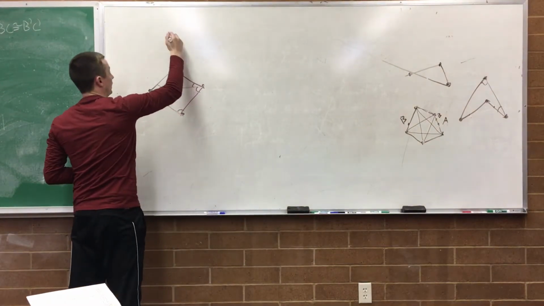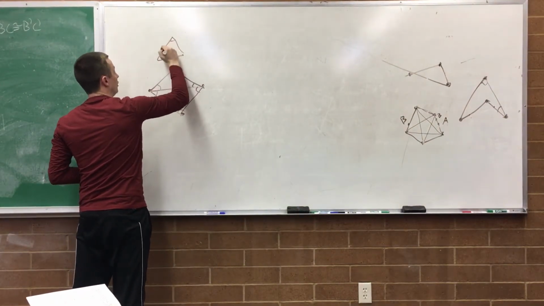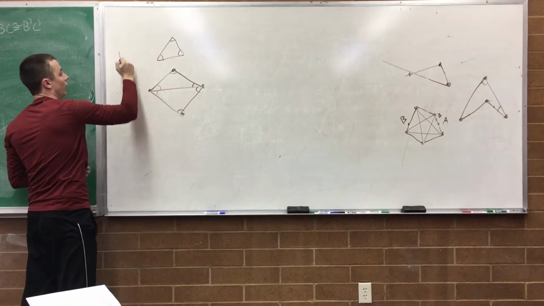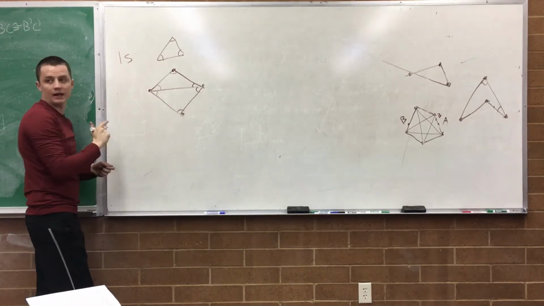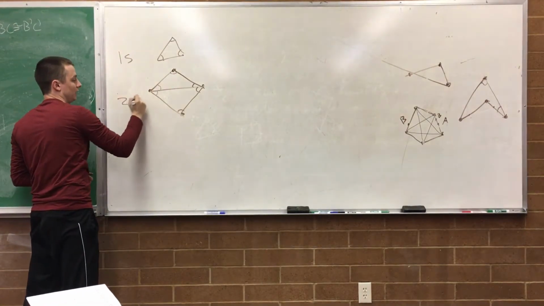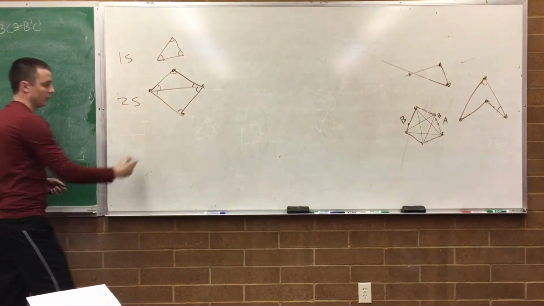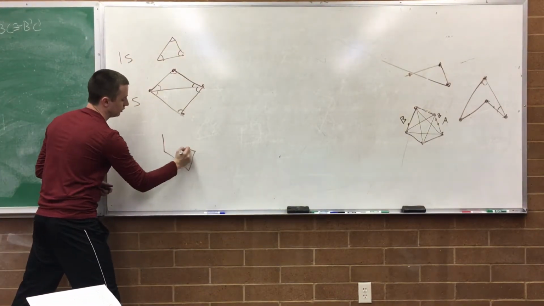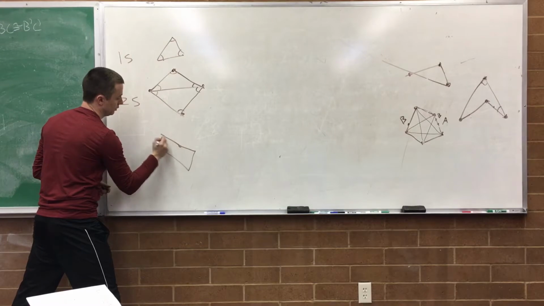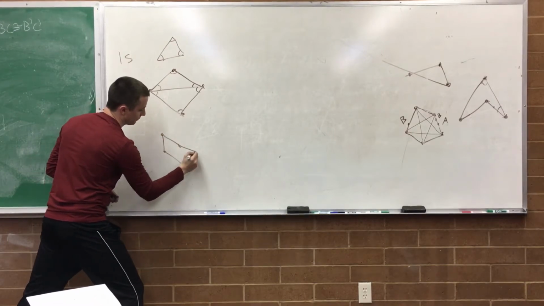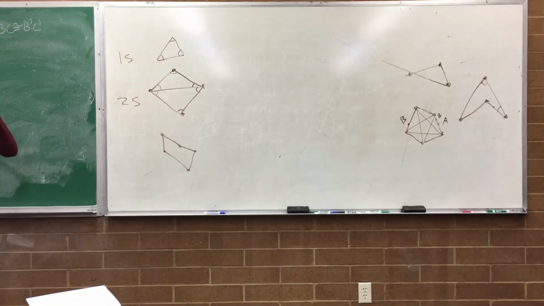So when we had a triangle, we had one straight angle. When we had that, we had two straight angles. What about if I have any pentagon? It's just three straight angles.